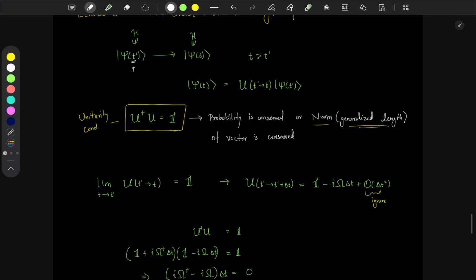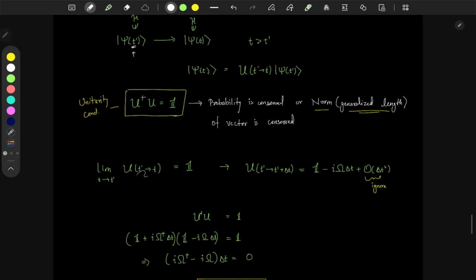The first thing you can see is that if the time evolution operator takes us from time t prime to t, and you take the limit of t going to t prime, making the two times very close, it will basically be just the identity operator, because at time t prime the state vector would be the same.